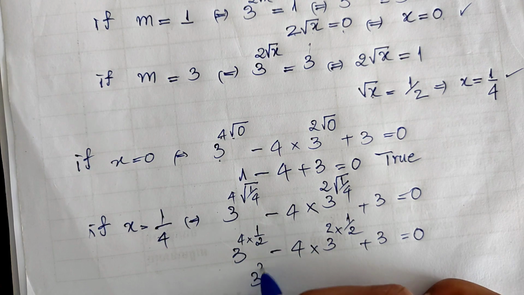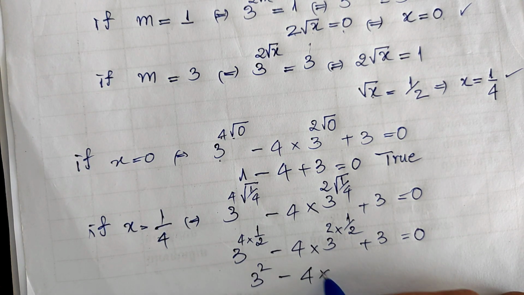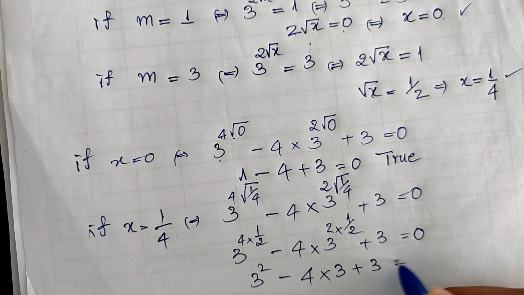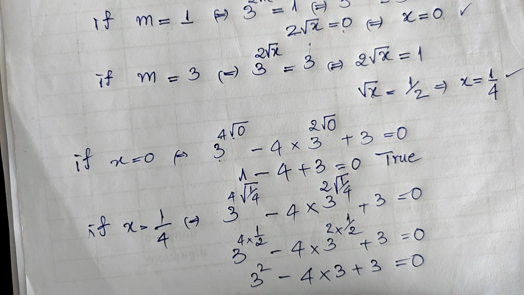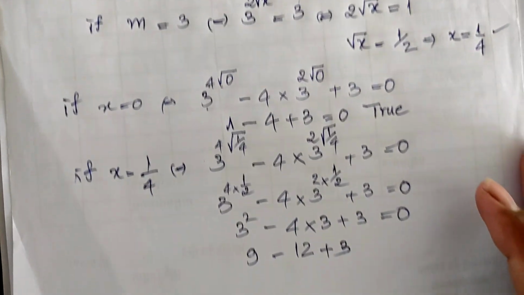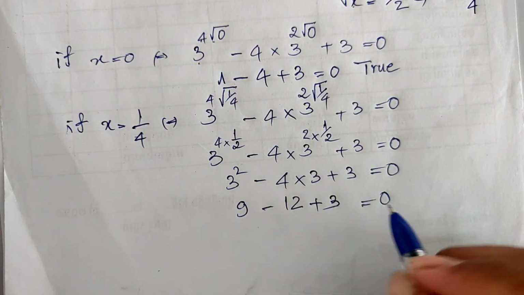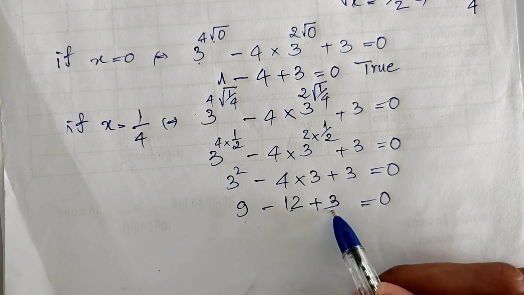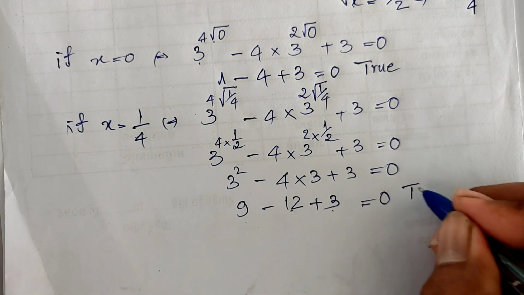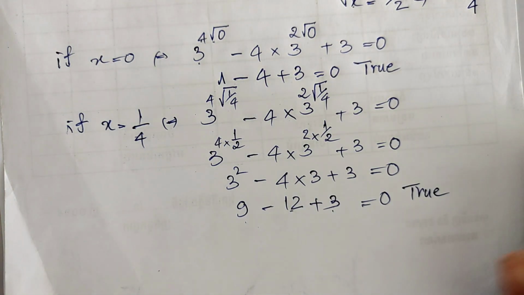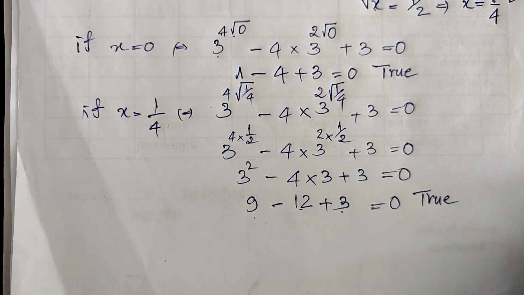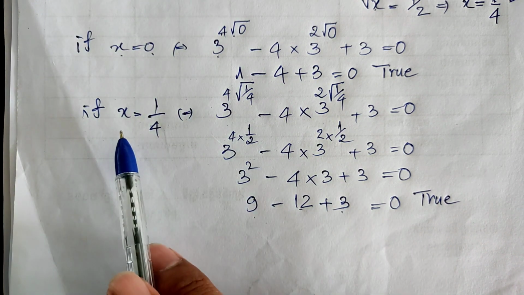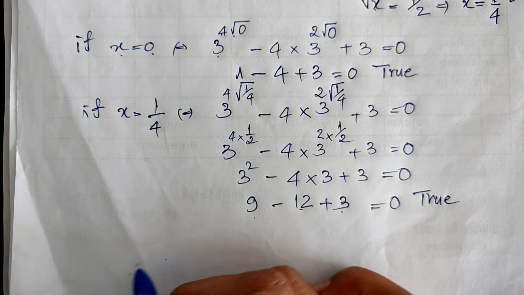And then we get 3 squared minus 4 multiply 3 plus 3 equals 0. So this is 9 minus 12 plus 3 equals 0. 9 minus 12 equals minus 3, and minus 3 plus 3 equals 0. It's true. Now this equation is verified by h equals 0 and h equals 1 divided by 4.